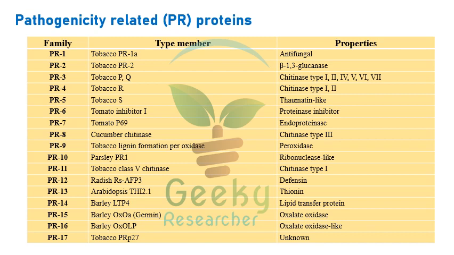PR1 is tobacco PR1a, antifungal; PR2 is tobacco beta-1,3-glucanase; PR3 is tobacco P and Q, chitinase types 1, 2, 4, 5, 6 and 7, and tobacco R chitinase 1 and 2; tobacco S thaumatin-like; tobacco inhibitor, protease inhibitor; tomato P69 endoproteases; cucumber chitinases, chitinase type 3; tobacco lignin formation or peroxidase; and parsley PR1 ribonuclease-like; tobacco class 4 chitinases. These are the various kinds of PR proteins, and their properties have been given here.